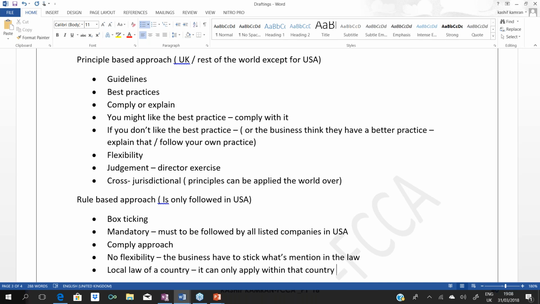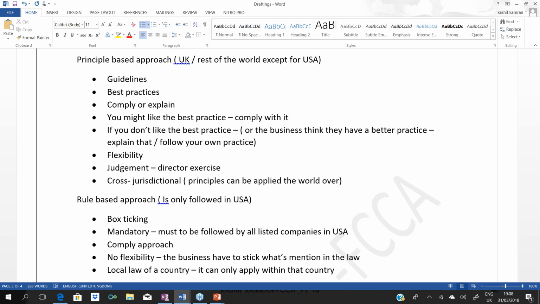So there is a difference between a principle-based approach, which is the P1 syllabus, the UK-based governance, and the rule-based approach, which is just the vice versa. It's been followed in America. It's box ticking. It's mandatory. It's a comply approach. There is no flexibility for the companies. They have to stick to what's mentioned in the law, and it's a local law of the country. It can only apply within that country.